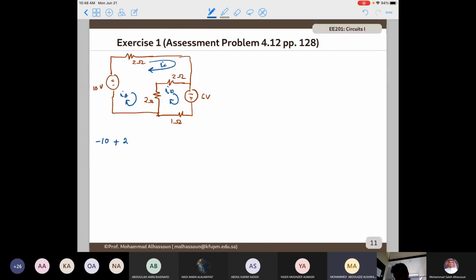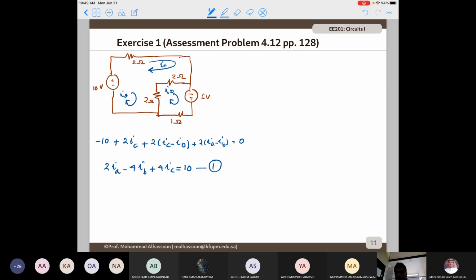Right, it's 2 IC. Then 2 IC minus IB. Then 2 IA minus IB. It equals 0. Okay, very good. So if I simplify it, I will get 2IA minus 4IB plus 4IC equals 10. This is the first equation.